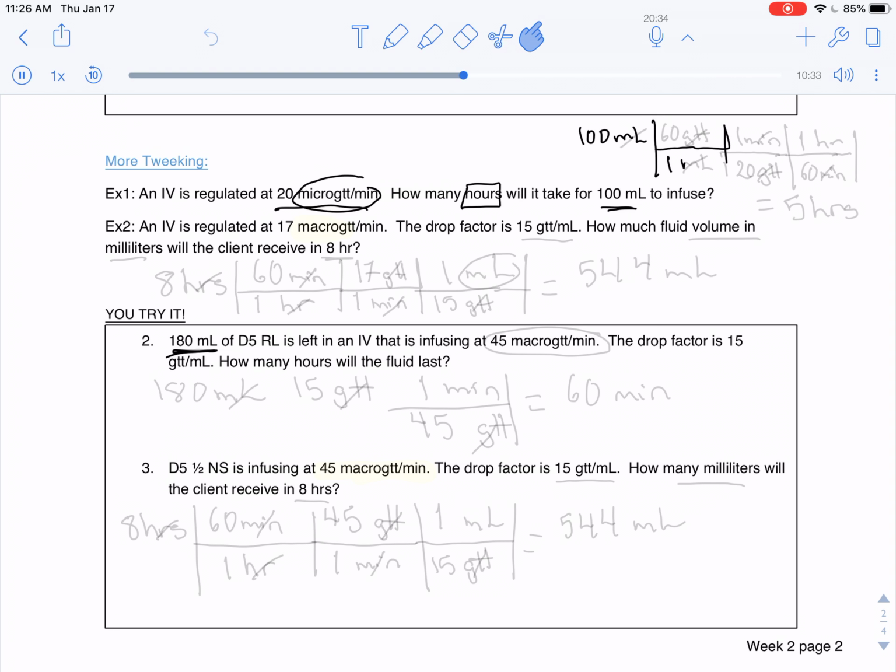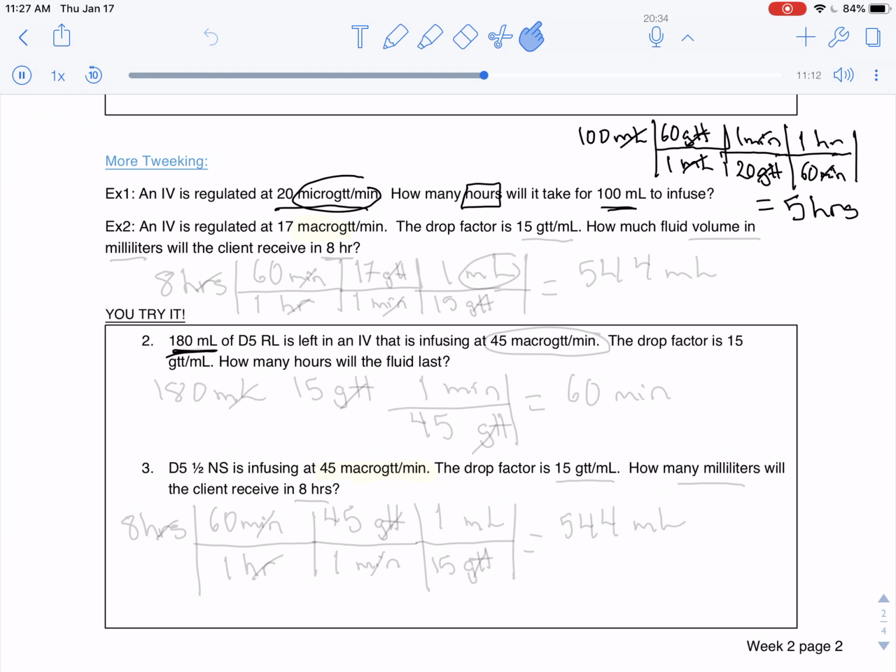So in 1 milliliter, there are 60 drops. And according to our conversion factor, there are 20 drops in 1 minute, and there are 60 minutes in 1 hour. So this is going to give us our final answer in hours, because milliliters cancel, drops cancel, and minutes cancel. So our final answer comes out being a total of 5 hours.